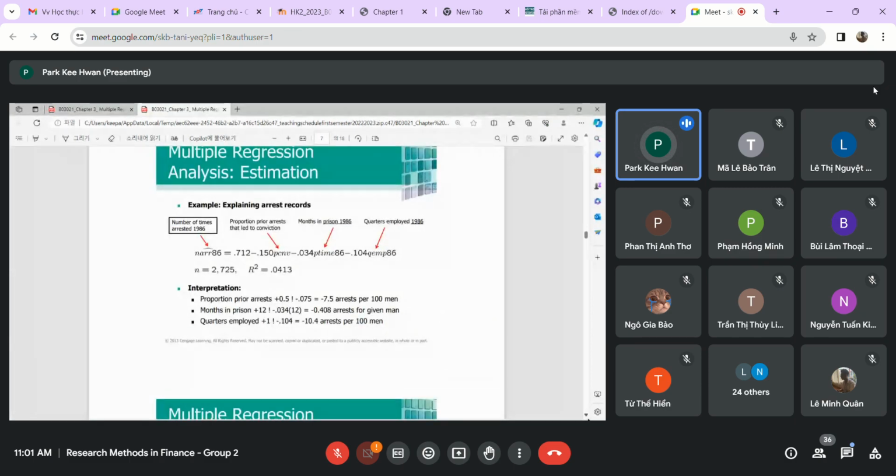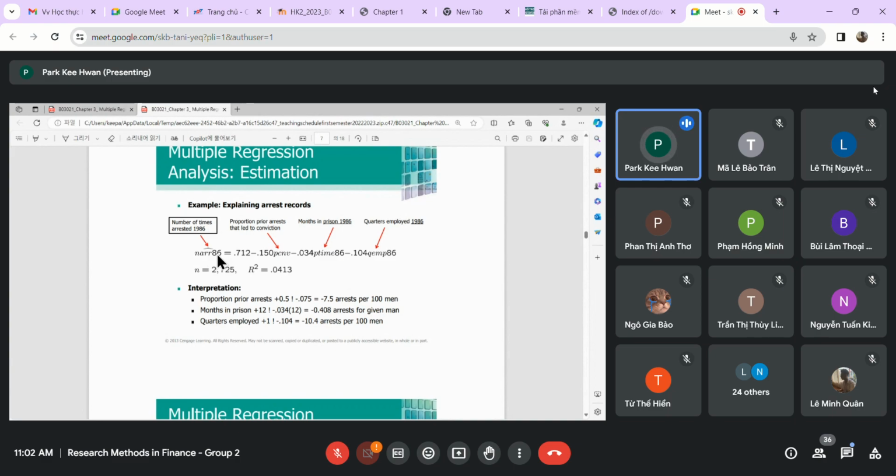So let's take a look at the example. Okay, this is the economics of crime. So we want to explain the number of times arrested for crime in 1986.